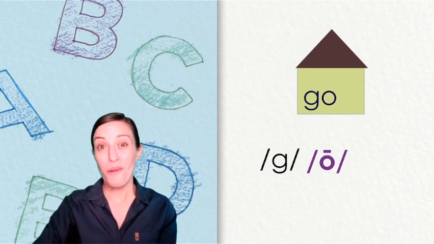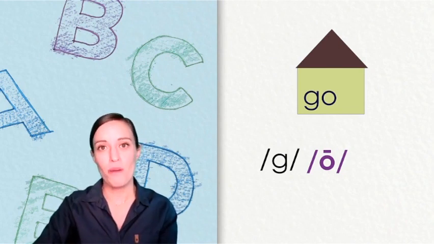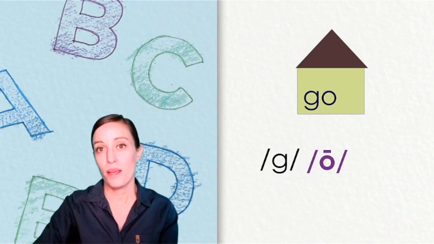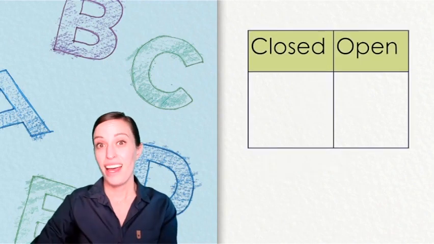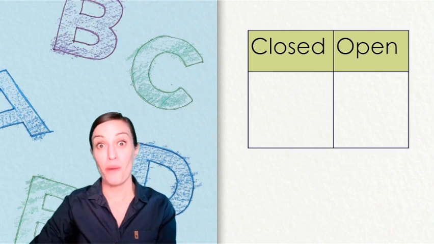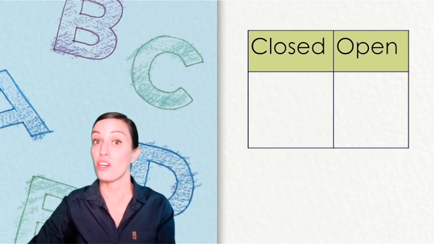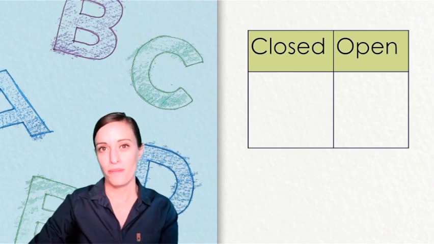In the word go, there is not a consonant closing in the O. So the O can shout out its name for all to hear. When there is an open syllable, we have a long vowel sound. Let's look at two more words, and then we can determine whether or not those words have a closed syllable or an open syllable. Here is our first word.